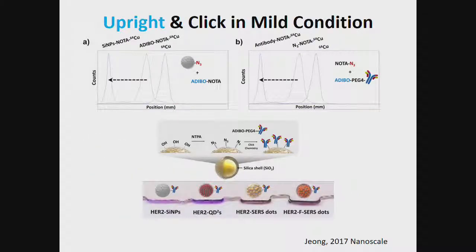And we did a kind of upright. If we put the antibody, it can be like this, but it should be upright, or should be very mild. The core materials are harsh. It maintains its characteristics, but the antibody or peptides or other nucleic acids are so subtle, so fragile.